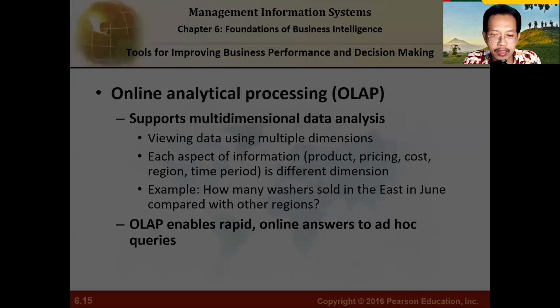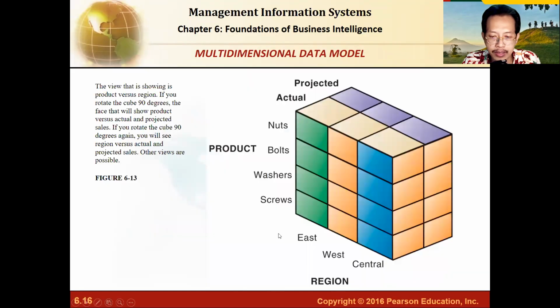For instance, here, this is just three-dimensional data. Data could be more than 5, more than 10 and so on dimensions. So what we could do is show it in 2 dimensions. In this case, for instance, if you slice this cube this way, you would be getting data on product versus region.